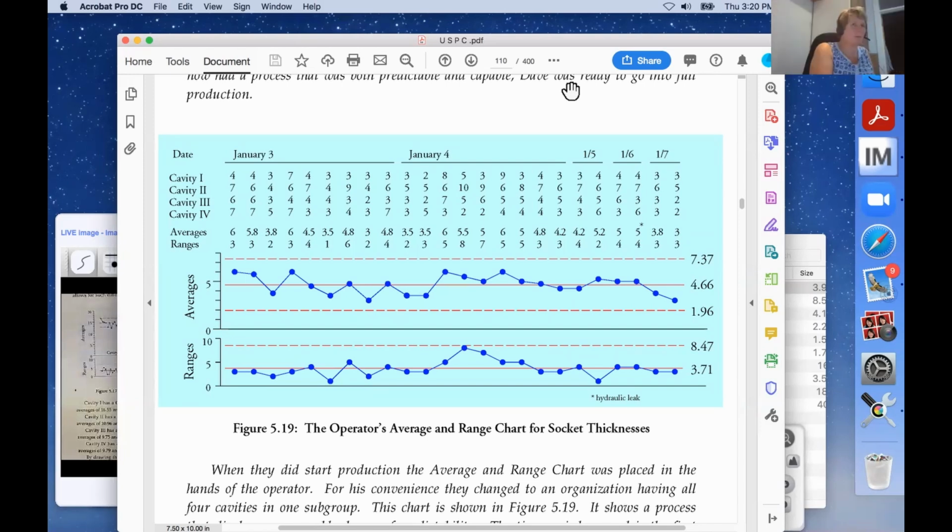It's like page 104, I think. It's like page 104 in that it's all the averages, all 4 cavities combined inside each subgroup. That was a problem back on page 104, wasn't it?